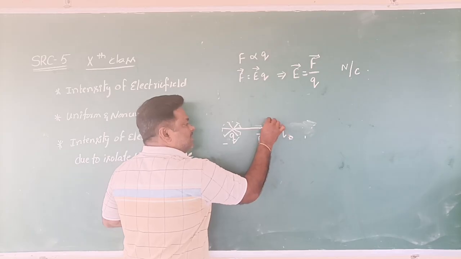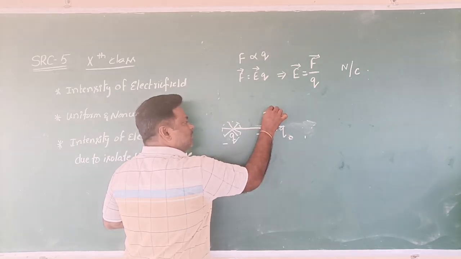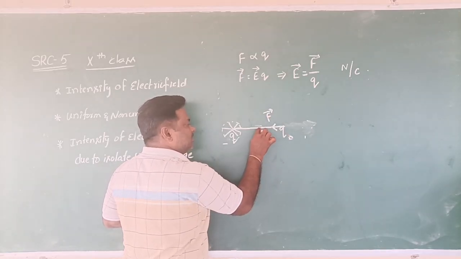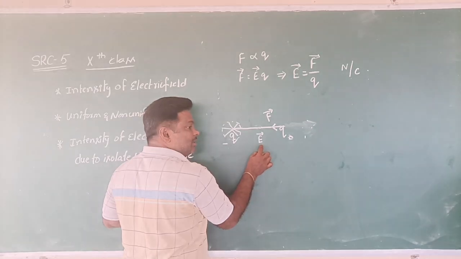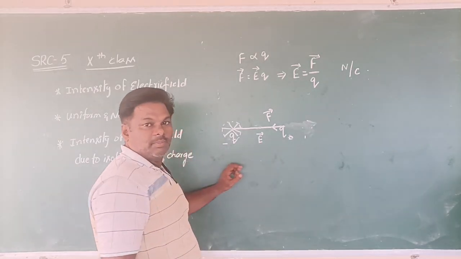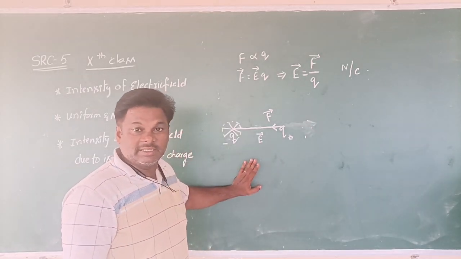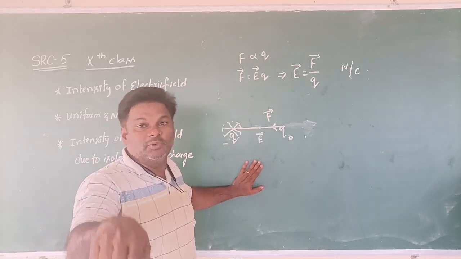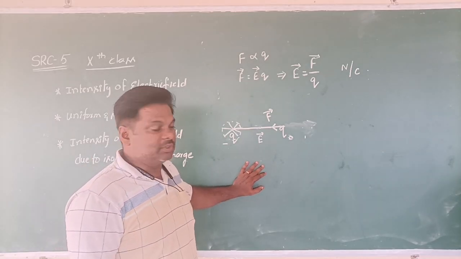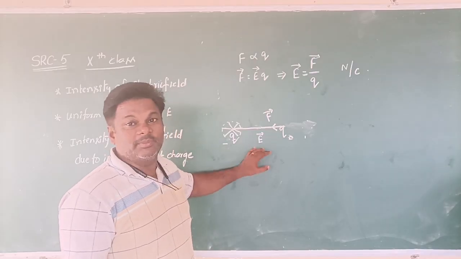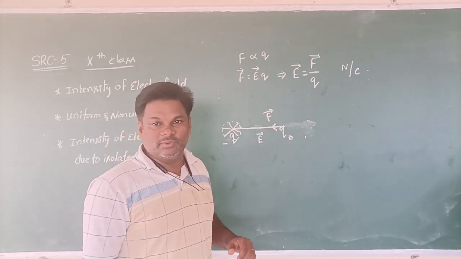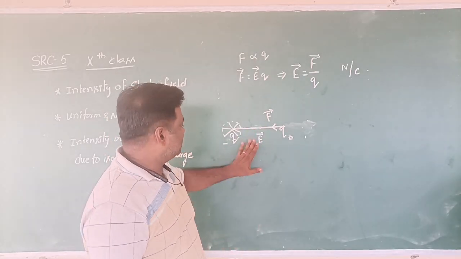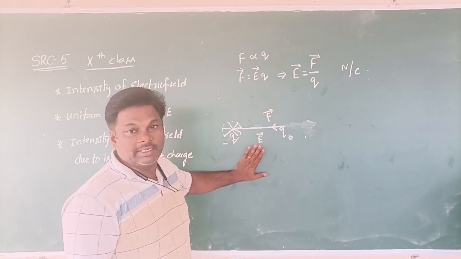So this is the direction of the attractive force. In the same direction, electric field intensity is also present. The direction of electric field intensity is the direction of force. Here it is an attractive force. In the previous case, it was a repulsive force. This is how we can conclude the direction of electric field.